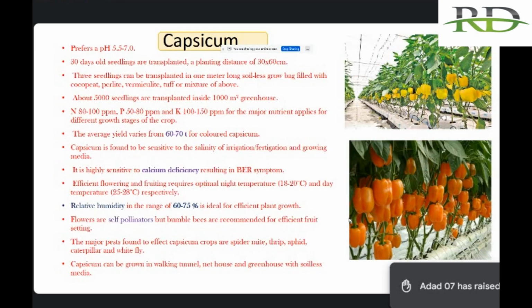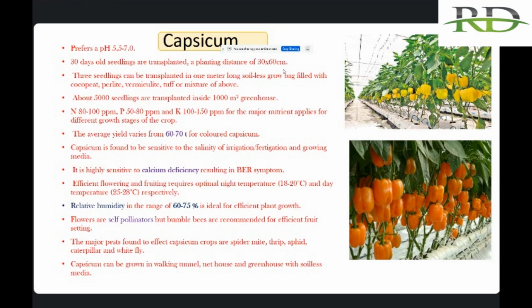The first crop is capsicum. In any soilless media, the fertigation system should have a pH of 5.5 to 7 for capsicum. Thirty-day-old seedlings are transplanted at a spacing of 30 to 60 centimeters.